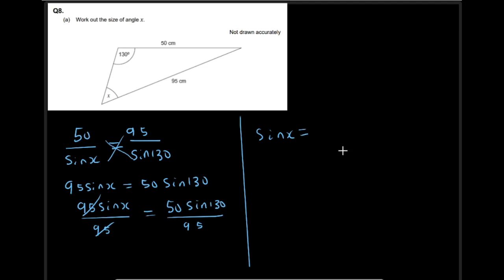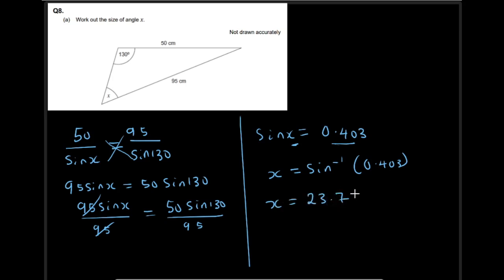That will give us 0.403. So to get X, take sine inverse of what we have on the right hand side. So X will be sine inverse of 0.403, and that will give us 23.76 degrees, which is approximately 24 degrees.